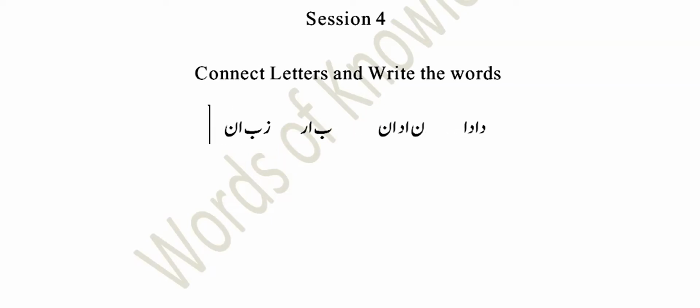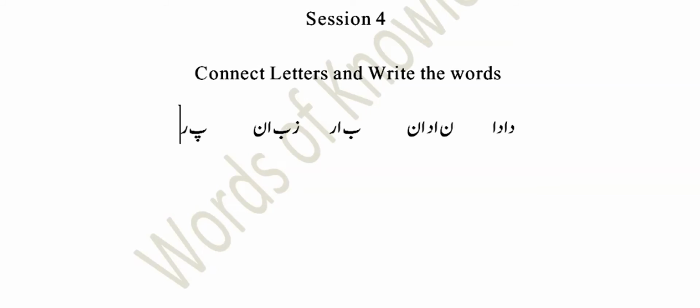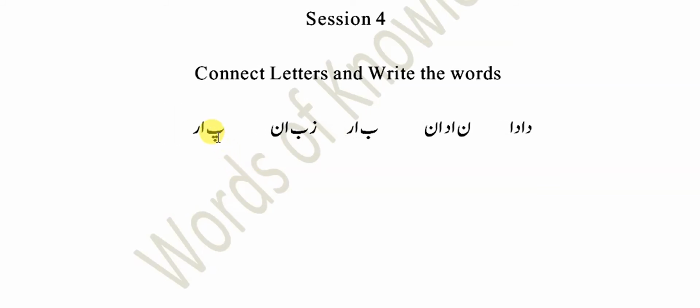It has four letters, Z, Be, Alif and Noon, and it is called zaban. Okay, and the next word has these letters, Pe, Alif and Re, and it is called par.